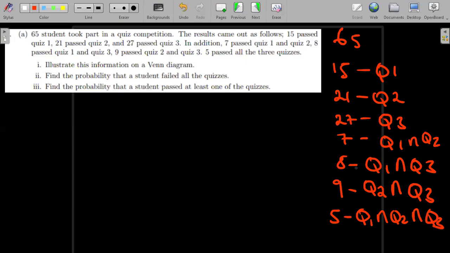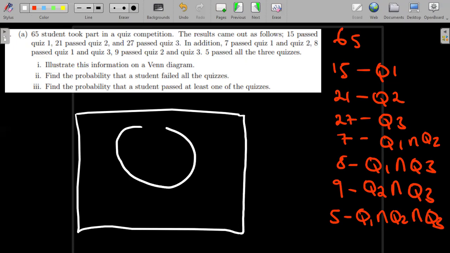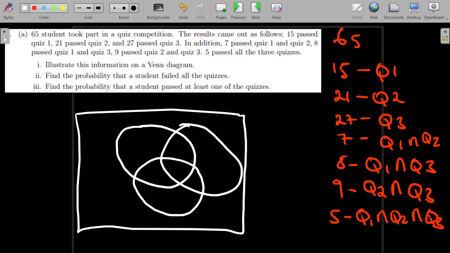Okay, now they're telling us to illustrate this information in a Venn diagram. So I'll draw my Venn diagram here, like that. Then I'll have one set for quiz 1, for quiz 2, and for quiz 3.